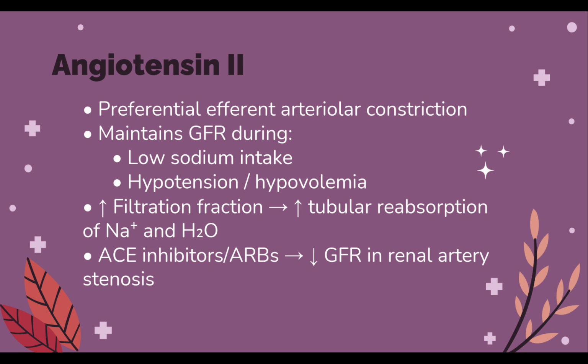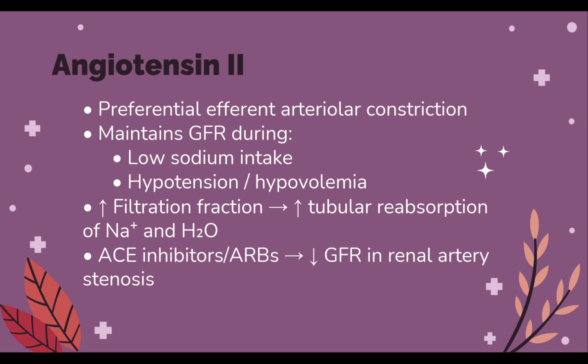Angiotensin 2 causes preferential efferent arteriolar constriction. And this angiotensin 2 maintains glomerular filtration rate during low sodium intake, hypertension or hypovolemia. When there is increased filtration fraction, it can lead to increased tubular reabsorption of sodium and water.